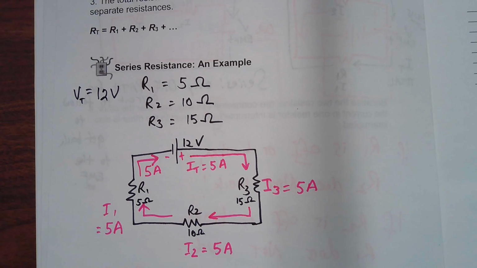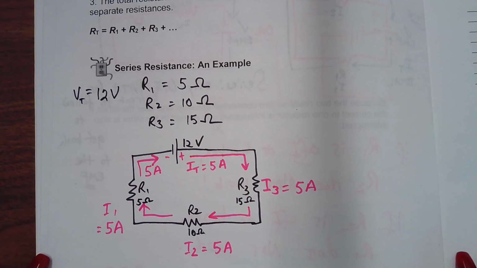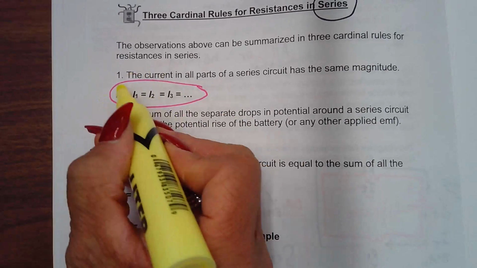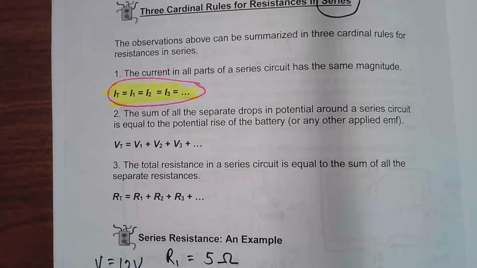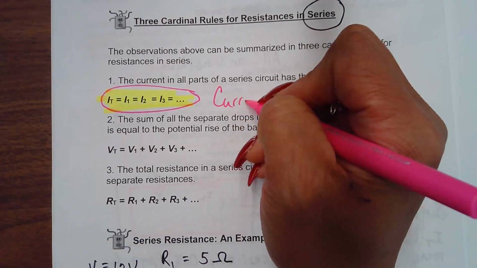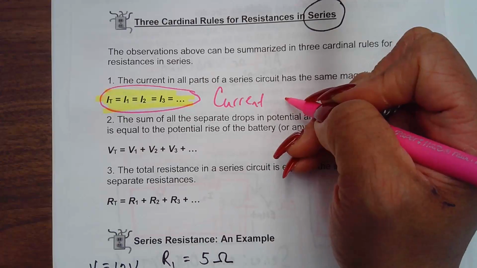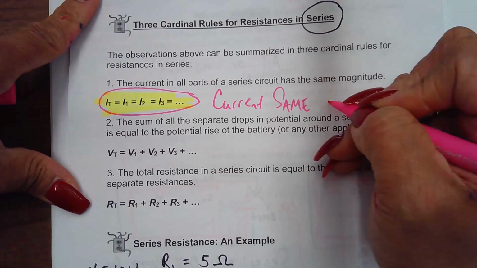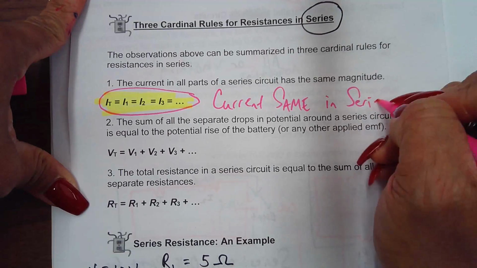Nothing is changing. So this is the easiest one to analyze, because in a series circuit, the total current is exactly the same as current number 1, number 2, number 3. It doesn't matter how many resistors you have. Current is the same in series.